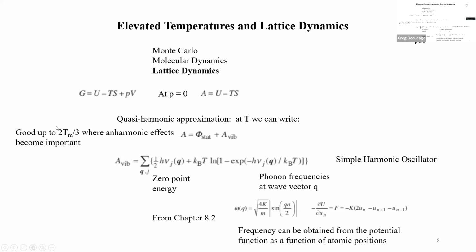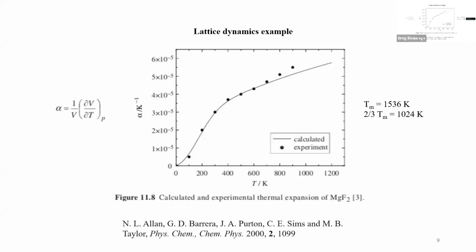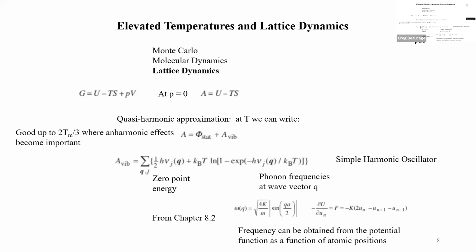That's valid within 2/3 of the melting temperature, and then you apply this solution that we had from the Debye model, and then putting that into a computer, so it's lattice dynamics.